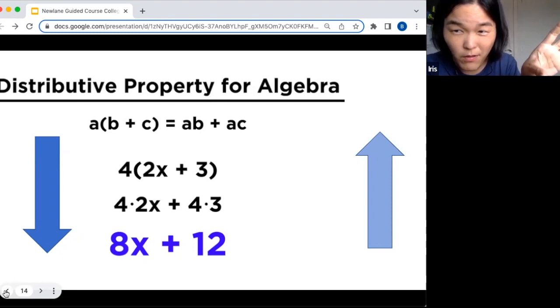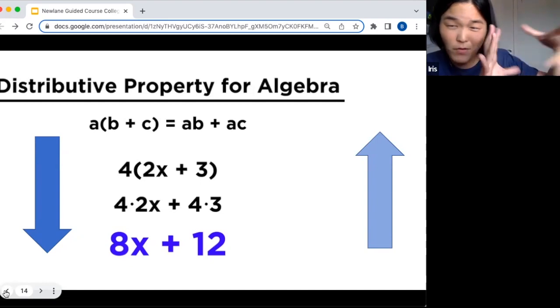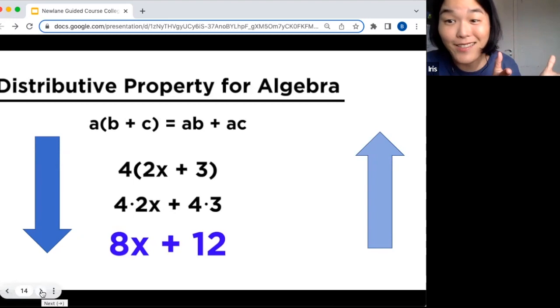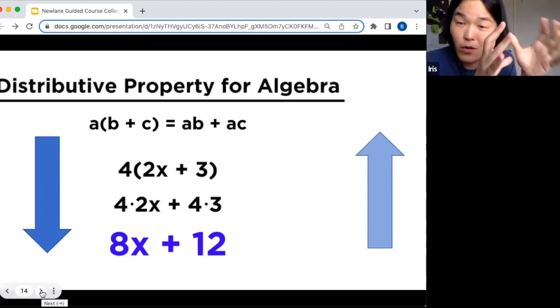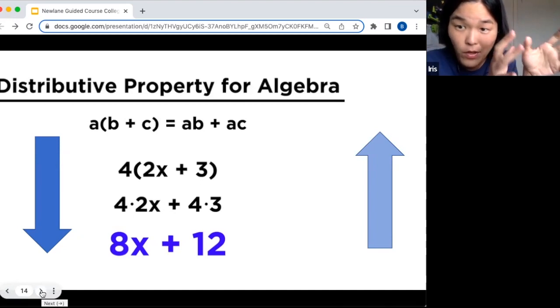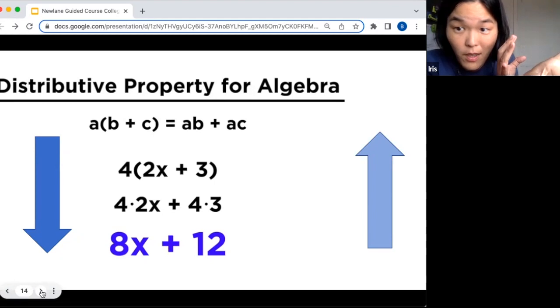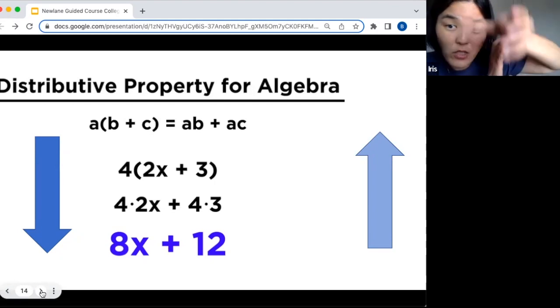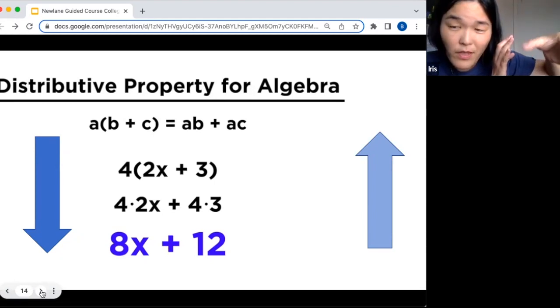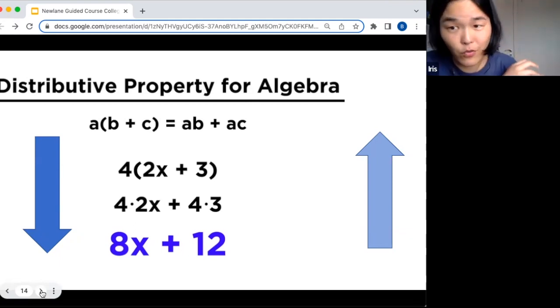Do you see what I mean? Sometimes you have some crazy polynomial equal to 0, solve for x. So we are going to take that polynomial in x and try to factor it into a product. And then we'll say, now I solve for each part, set each part equal to 0 as a solution.